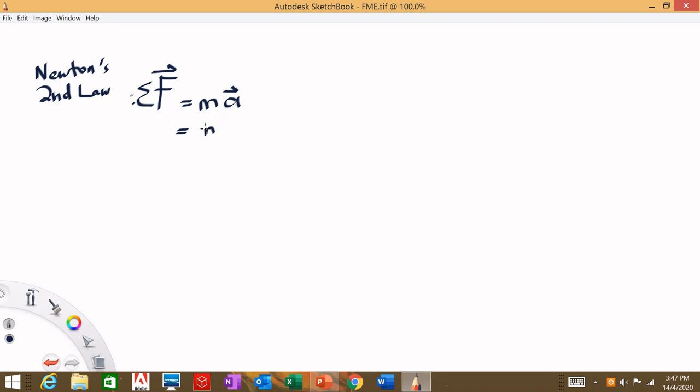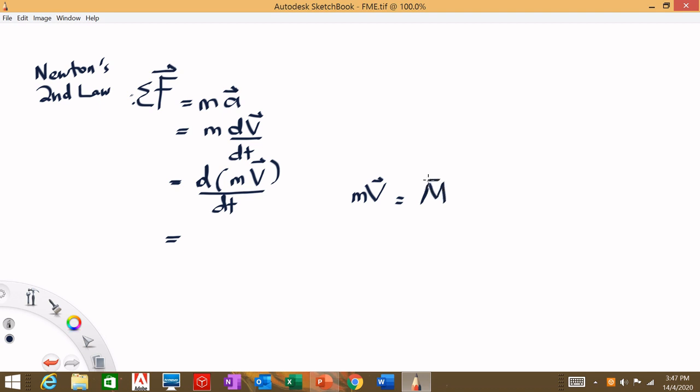So a can also be written as dv over dt. If you combine m into this, you should get d(mv) over dt. So m times v is basically momentum.